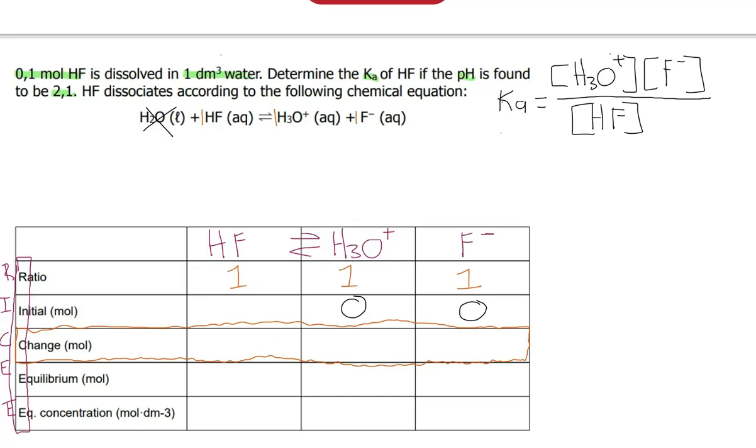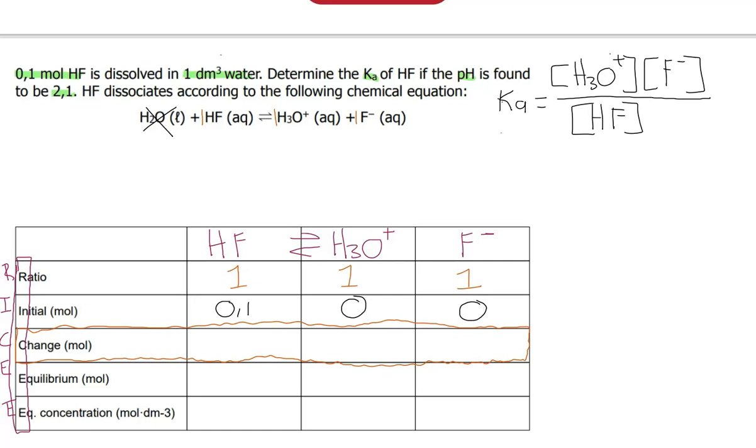To start with the reactants, they told us we're starting with 0.1 mole HF, and I'm taking it directly from above, and I'm going to write that we're starting with 0.1 mole HF. And then if we read further, they're giving us the pH value.